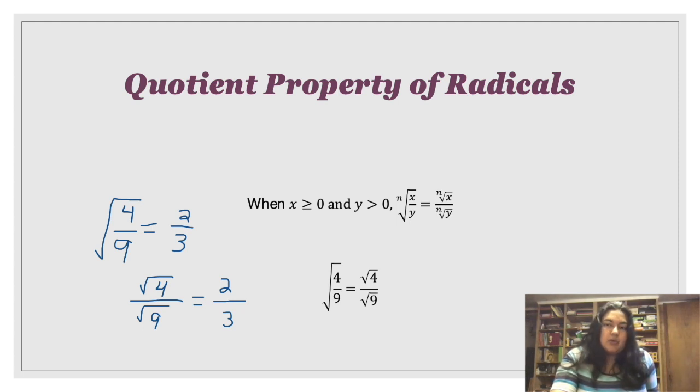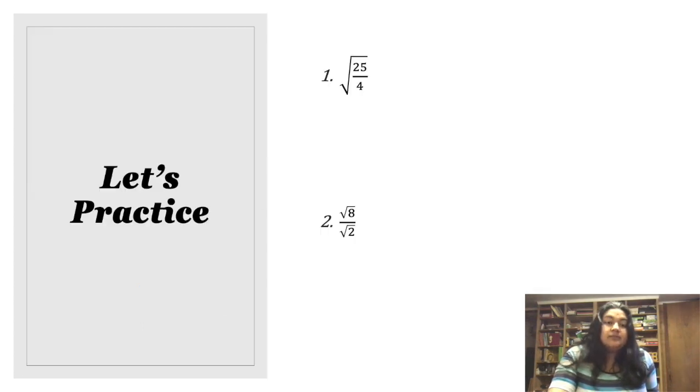Let's do some more practice. Feel free to pause the video and work on these on your own, and then play it when you are ready to check the answers. Number 1, the square root of 25 over 4. According to the quotient property of radicals, I can split this up, right?